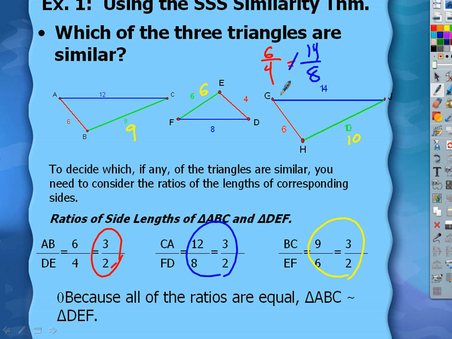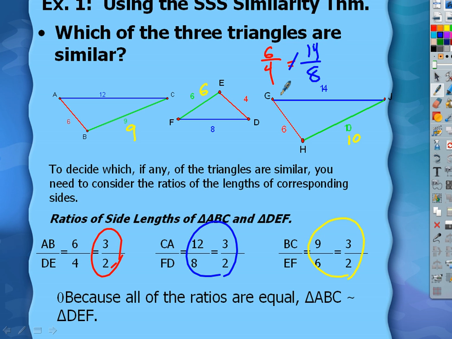Anything you can measure with a measuring tape, once we know what the scale factor is, in this case it's 3/2 or 1.5, any linear measurement should be in that same ratio. So you always want to be in the habit of comparing between triangles, not within a triangle, if that makes sense. We want to find out what the scale factor is and then see if it applies to the other parts of the triangle. Okay?